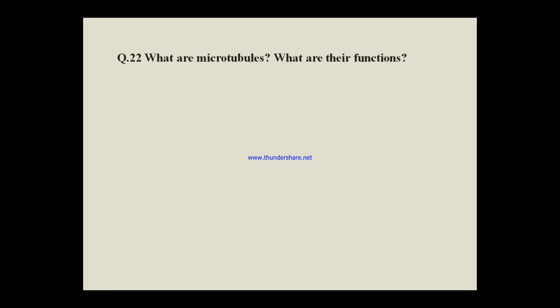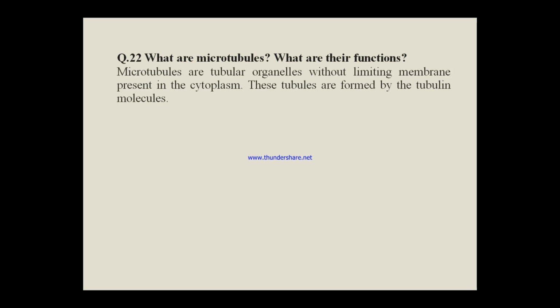Now, what are microtubules and what are their functions? Microtubules are tubular organelles without a limiting membrane present in the cytoplasm. These tubules are formed by tubulin molecules. Microtubule functions are that they determine the shape of the cell.